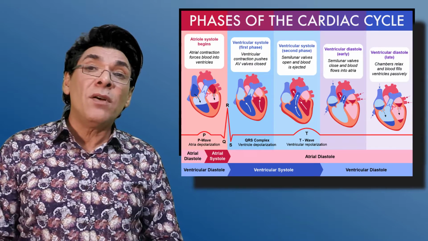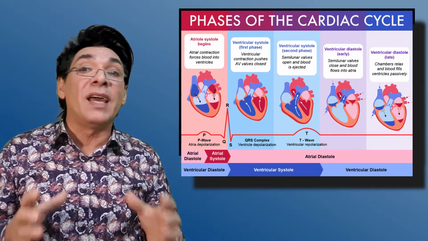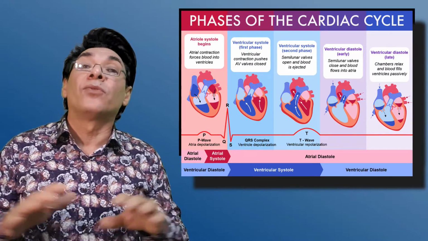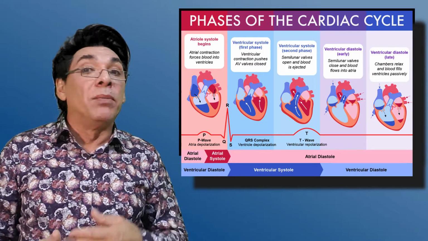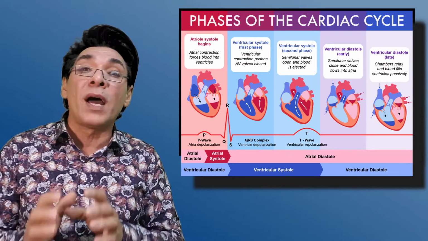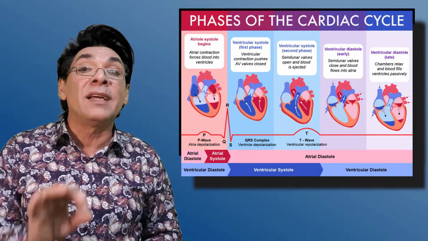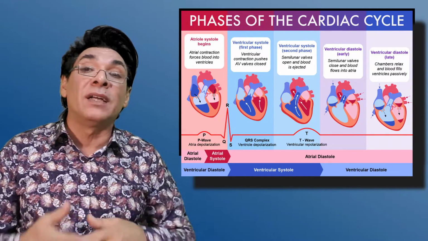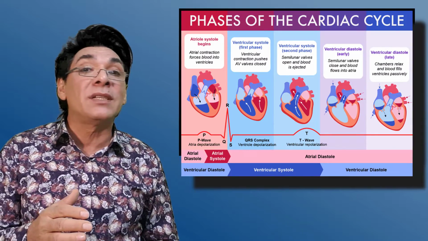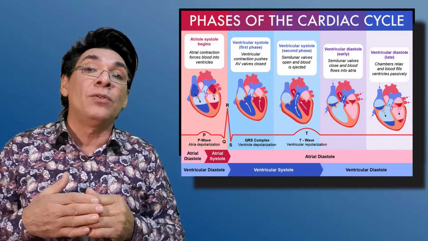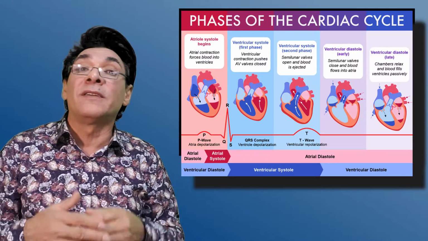Phases of the cardiac cycle. At the beginning of the cardiac cycle, both the atria and ventricles are relaxed, diastole. Blood is flowing into the right atrium from the superior and inferior vena cava and the coronary sinus. Blood flows into the left atrium from the four pulmonary veins.